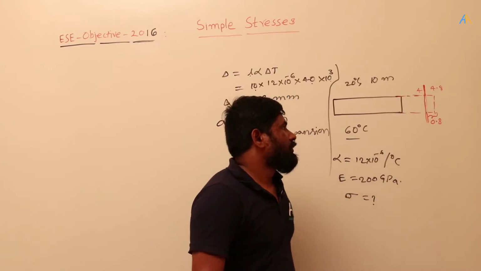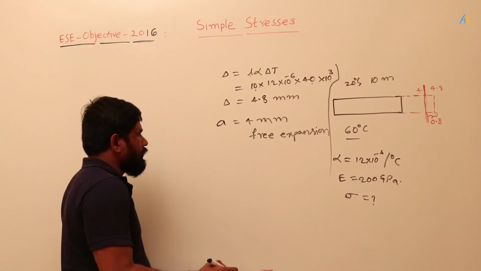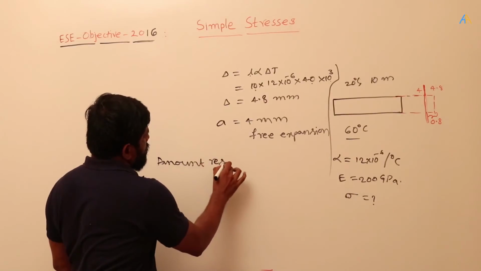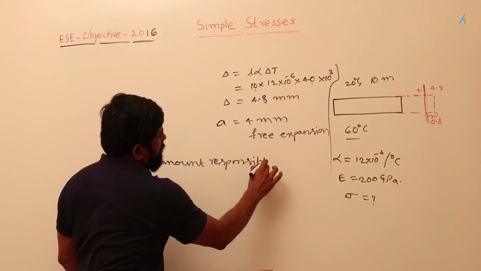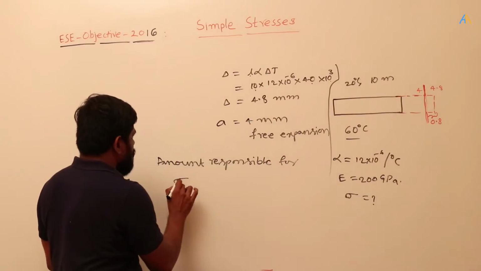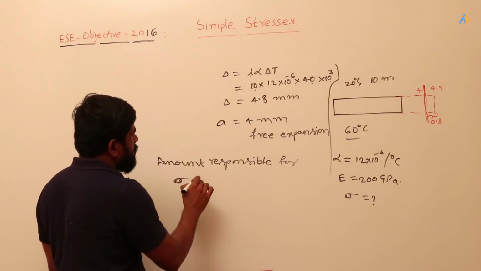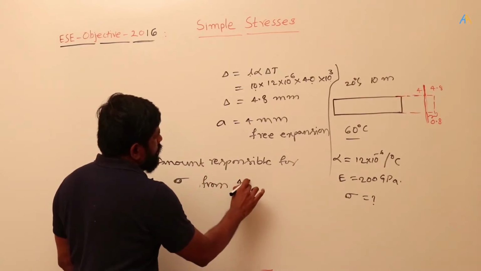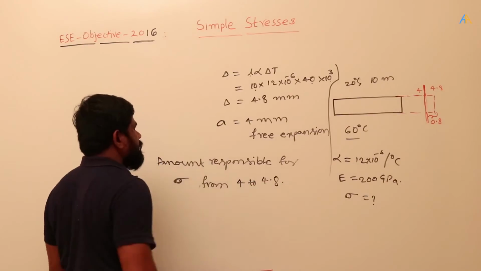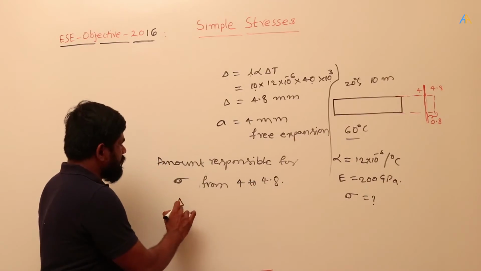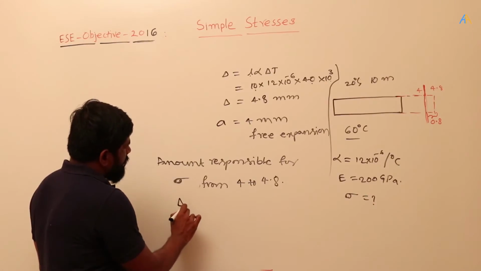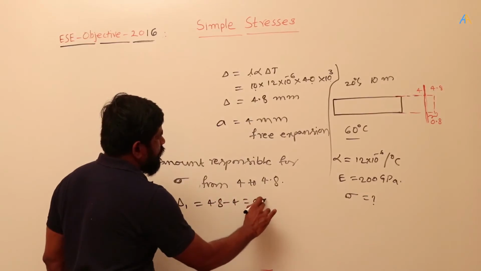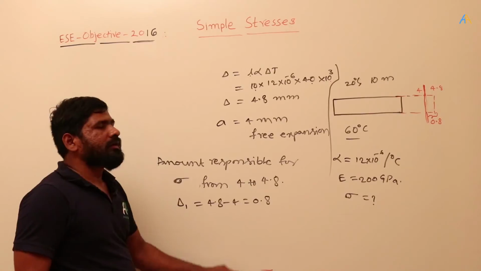So the amount responsible for sigma, that means the stress produced in the body, is from 4 to 4.8. Understood? Okay, the new elongation, let's say delta 1, is 4.8 minus 4, that means 0.8.